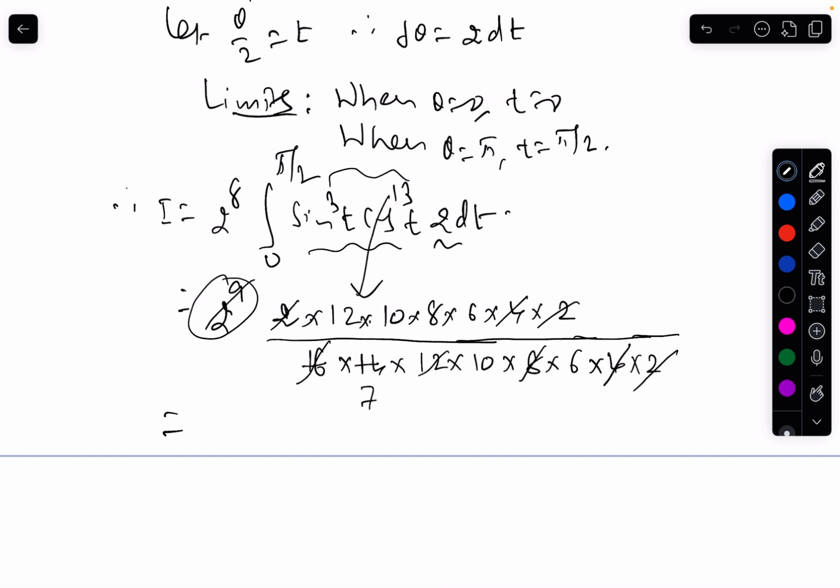This is 4, 3s are 12. 3, 2s are 6. 10, 10 cancel. 6, 2s are 12. So we have 7 here, and here 2, 8, and 2. So 32 by 7.